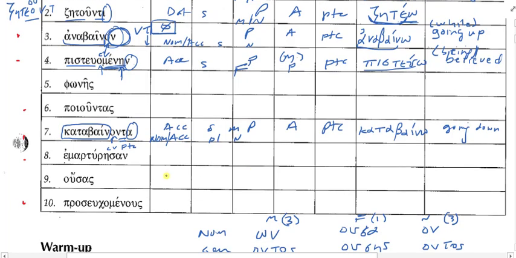Let's look at pros euchamenous. Pros euchamenous. What is the lexical form of this verb? This is one of your newer verbs in the last few chapters. Pros euchomai. What does that mean? To pray.